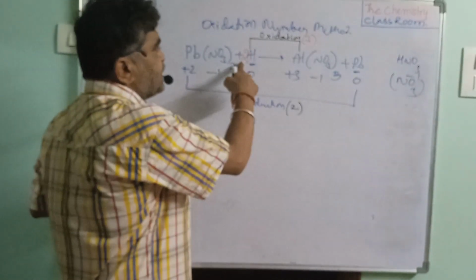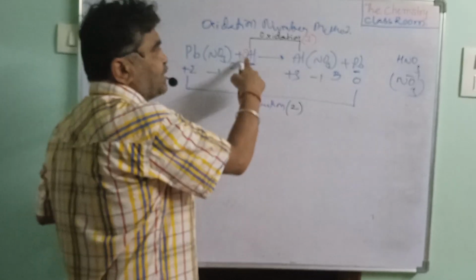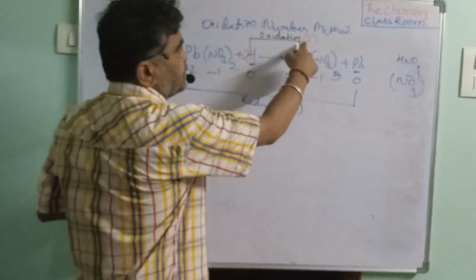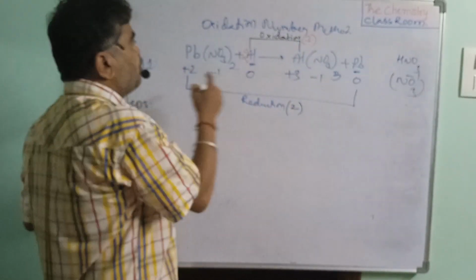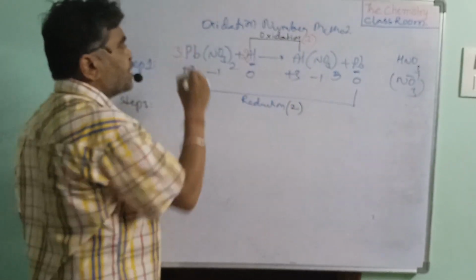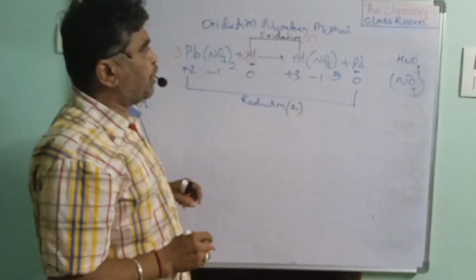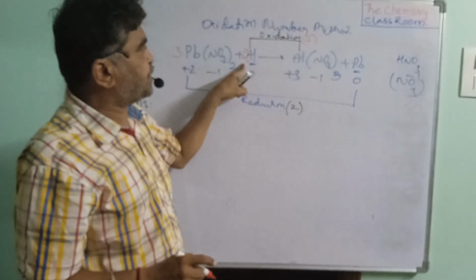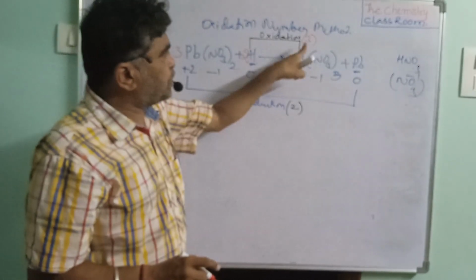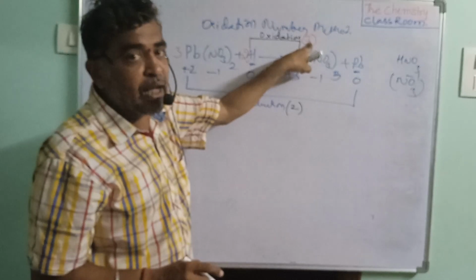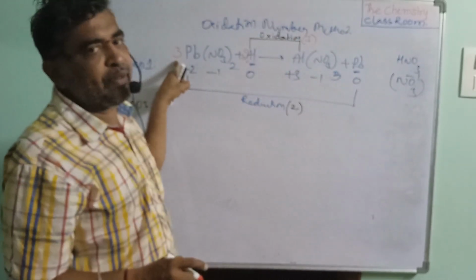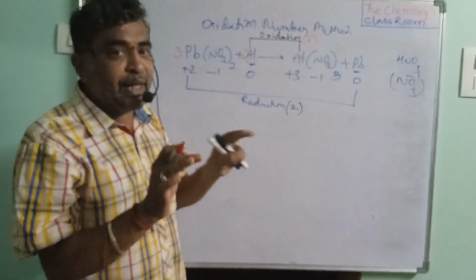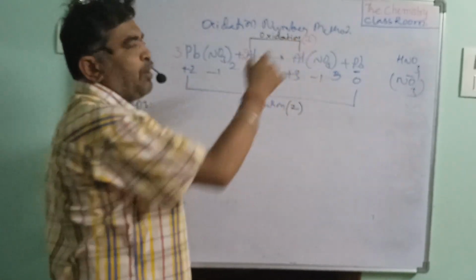Similarly, vice versa, the oxidation change, that is 3 units, you have to multiply with the reduction compound. So the reduction number we multiply with the oxidation compound, and the oxidation number we multiply with the reduction compound. These 2 integers you have to make the same, and the remaining you have to balance.